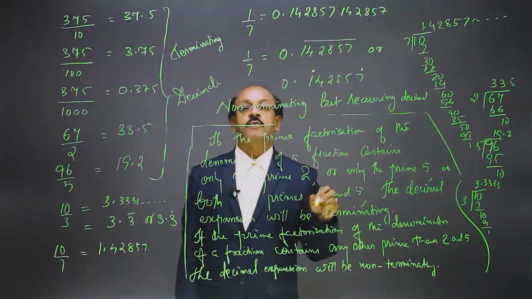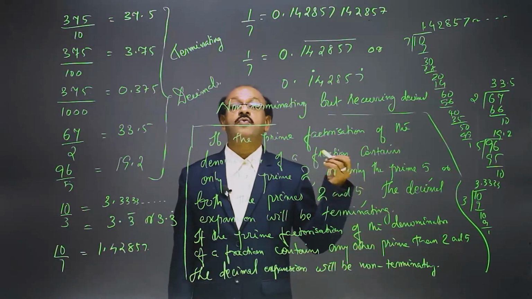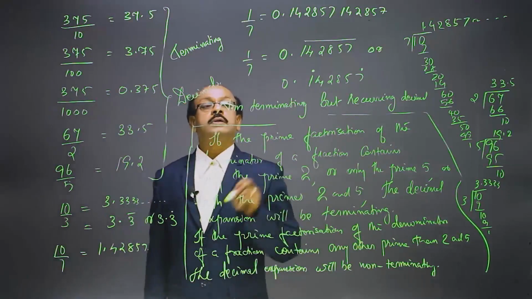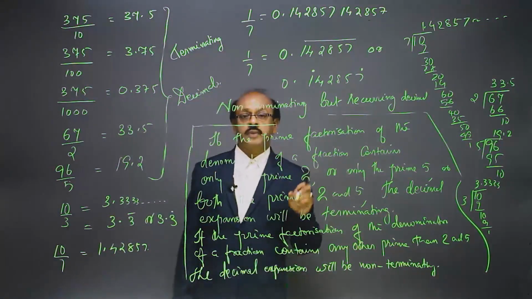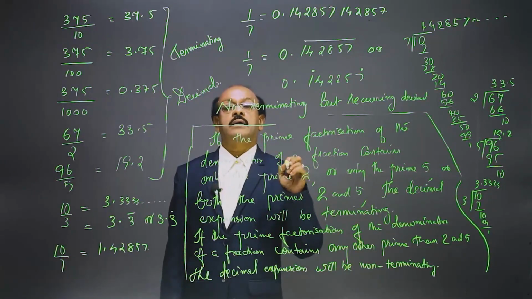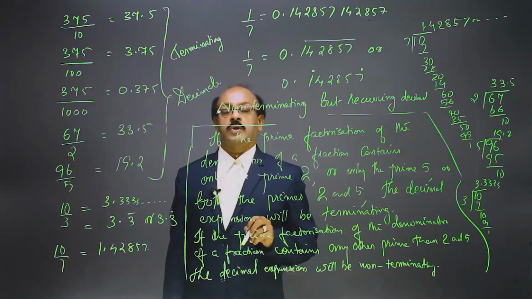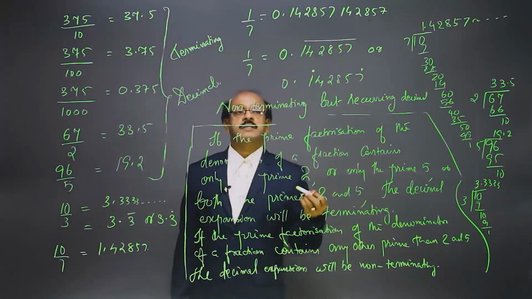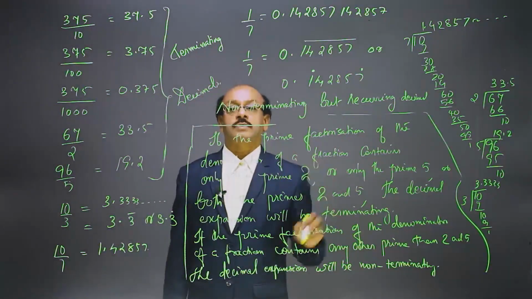That is, the decimal form will be continuing infinitely. They will not end. That is called non-terminating decimals. If the continuation is in a particular order, it is called a recurring decimal also. If the continuation is without any order, it is called non-recurring also.